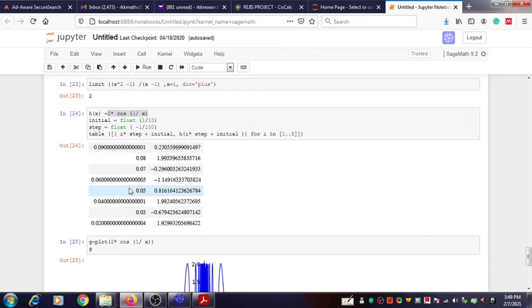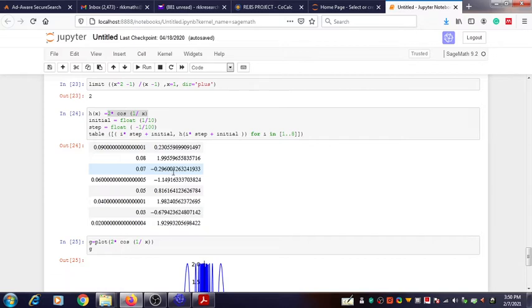Here it does not exist. In this case we have realized that it does not exist, but for getting an idea about that, we have applied that method of direct analysis.